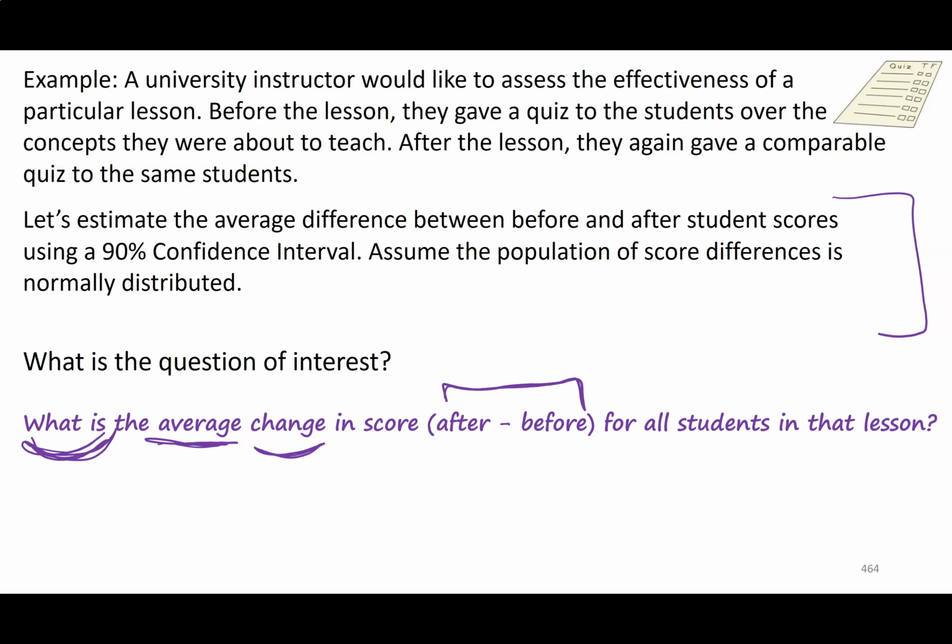I wrote after minus before here. I can't stress enough how important it is that you make it very clear which way you're subtracting for all students in that lesson. So on average, what was the average change in score that we saw for all the students in that lesson? Although admittedly, 4 is a very small sample size.